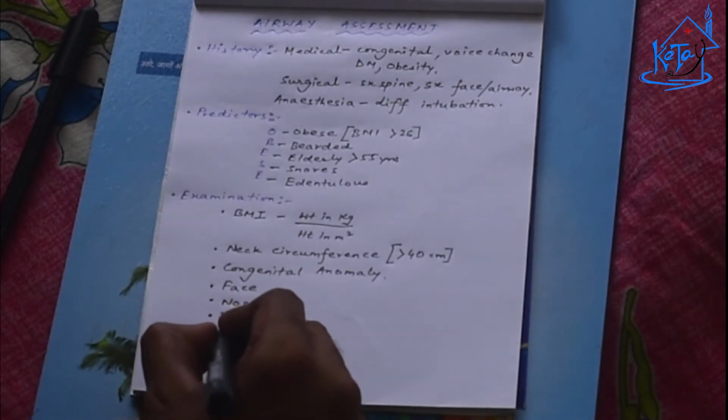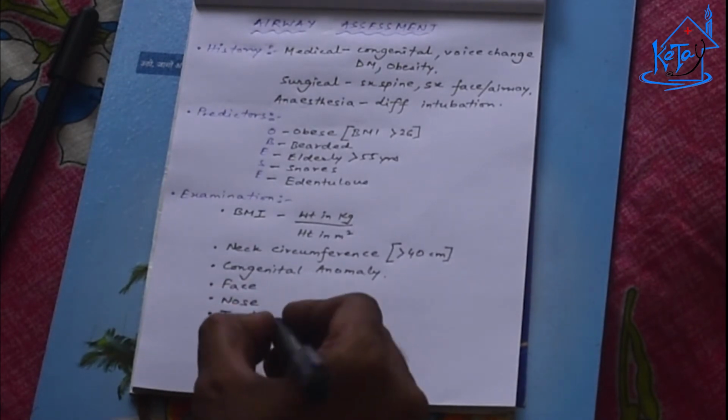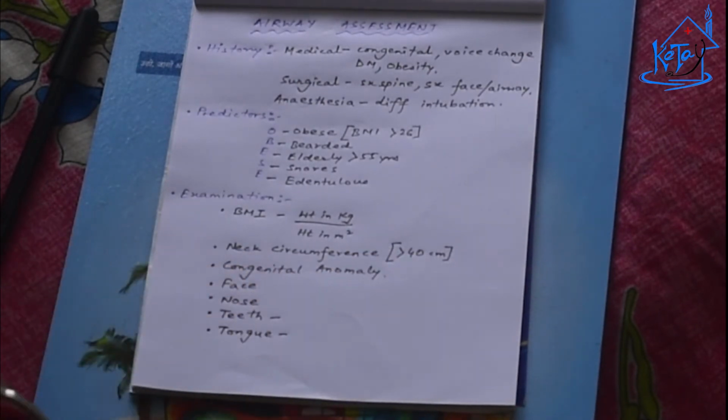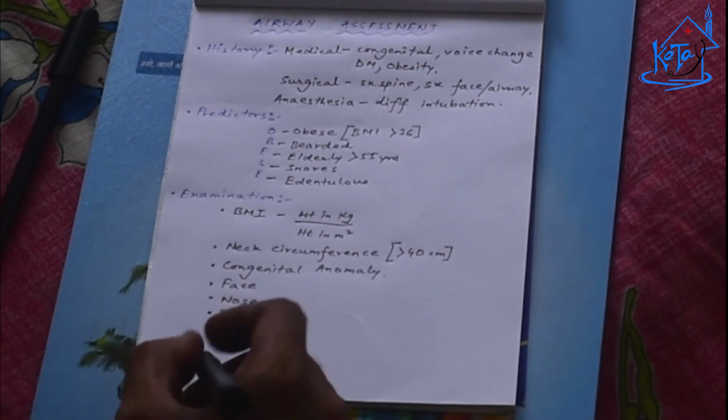Next we will look at the tongue. There are certain diseases which can result in macroglossia. So in case of macroglossia, we will be aware about the intubation part, and we will look for the disease.